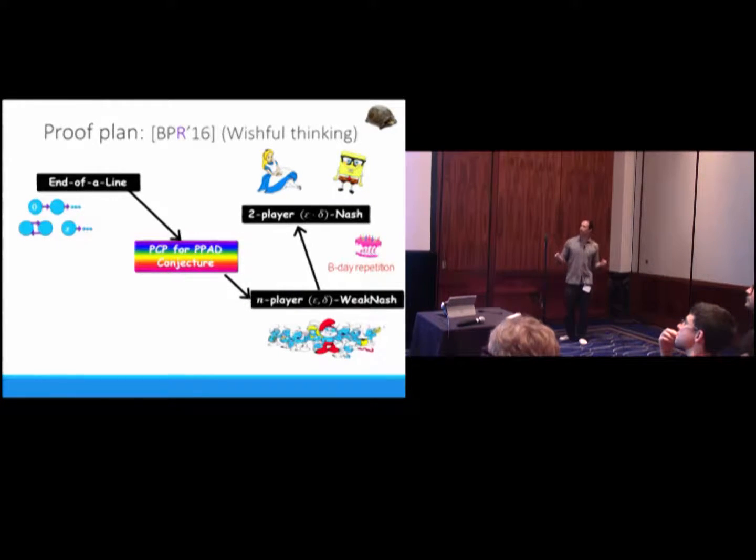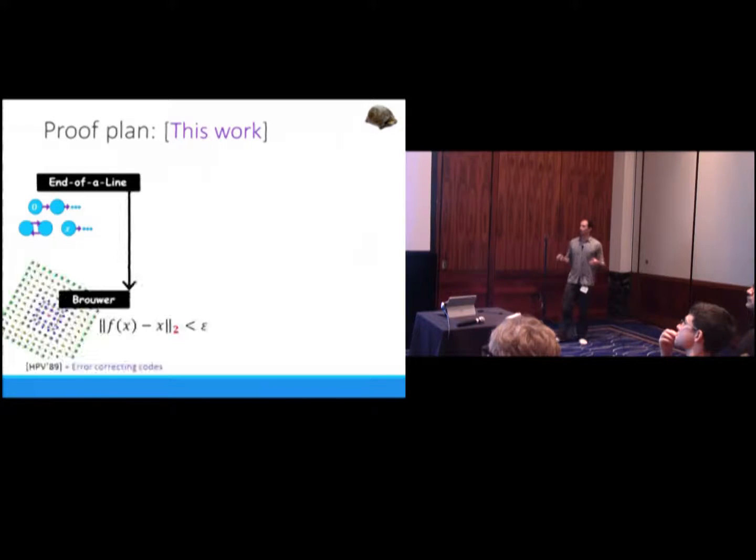So here's what we actually do. We use this old technique of Hirsch, Papadimitriou, Vavasis, and we add to it some error correcting code, and we get hardness of so.